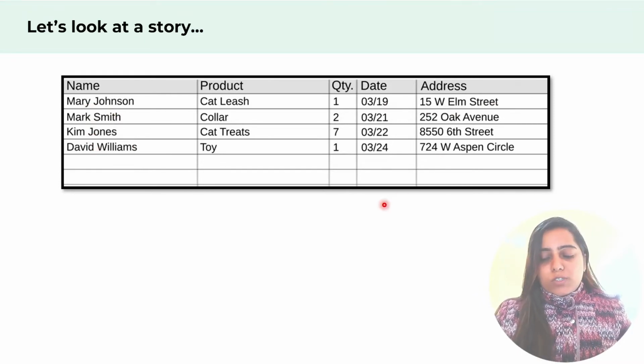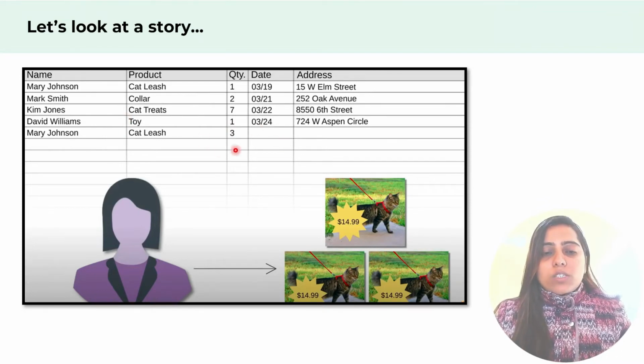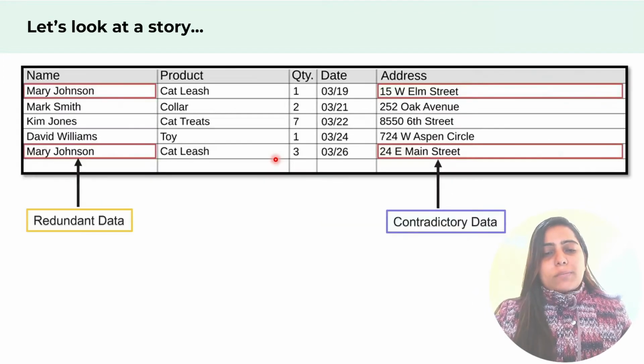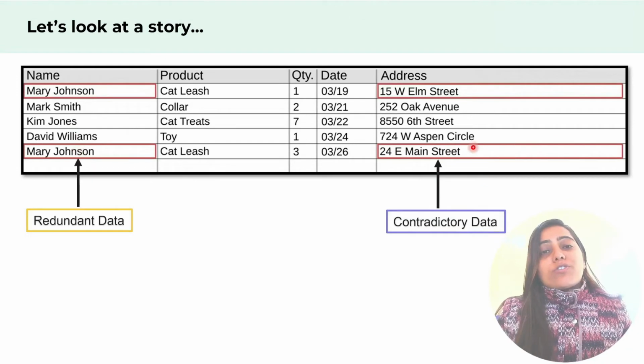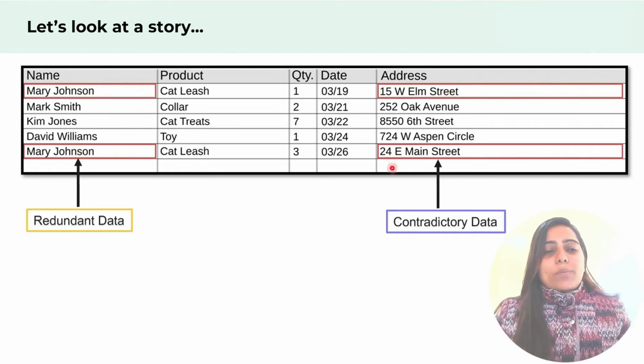These are your customers. But suppose Mary Johnson asks you again to let her make a purchase of cat leash, but this time the quantity is 3. Okay? And also she will be changing the address. So you get redundant data of Mary Johnson twice in your spreadsheet, and also contradictory data. That is, you have now 2 addresses at which you will be having to send those orders.